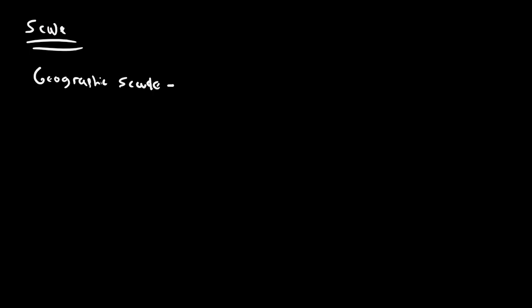This is the idea of how big is an area. If you're creating a study, you might say, oh yeah, I have a large scale study because I have a large area or a lot of people. That's geographic scale. So large scale equals big area.